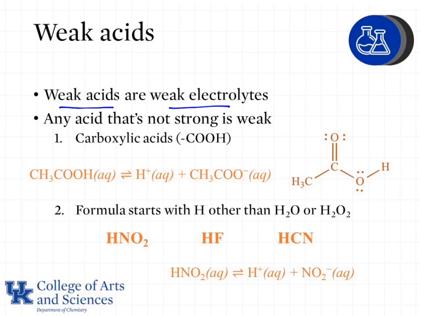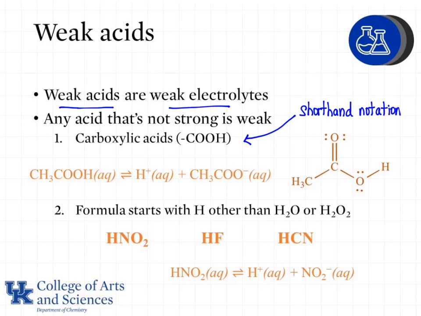We often see this written as COOH, and this is our shorthand notation for the carboxylic acid group. We also see the structure here showing the C double bond O and the OH. One example of this is acetic acid, which is found in vinegar. So CH3COOH will partially dissociate into H+ and CH3COO- ions.